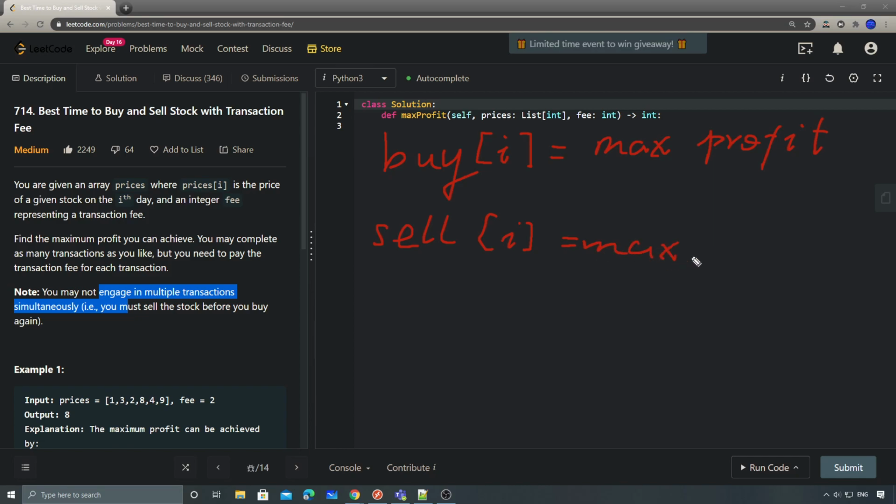This is also max profit, but the last was sell.